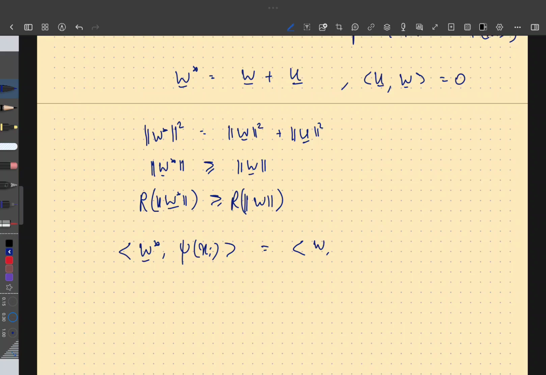This is the inner product between W plus u, because W star is W plus u, and psi of xi. By the linearity property of inner products, this is equal to the inner product between W and psi of xi plus the inner product between u and psi of xi. But what can you say about the second term?